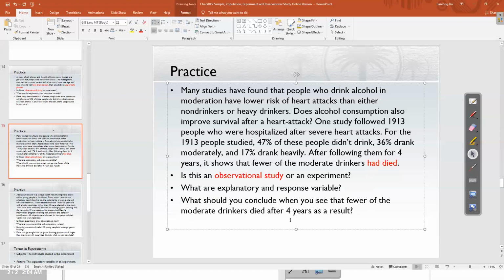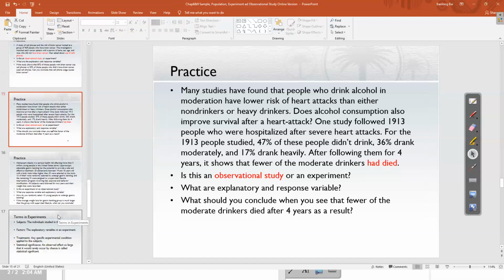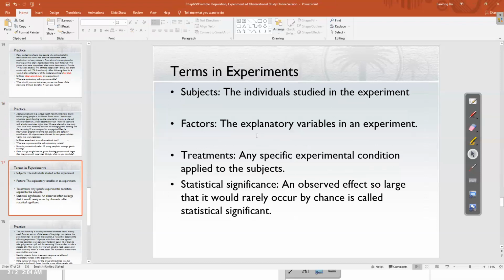What we can do is put in some soft words. We say drinking moderately could, or has a chance of, or may help people survive after a heart attack. So after you put a soft word, people say just maybe. We're not sure, but maybe, right?